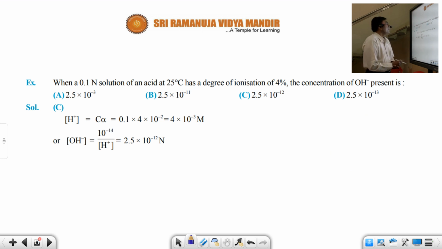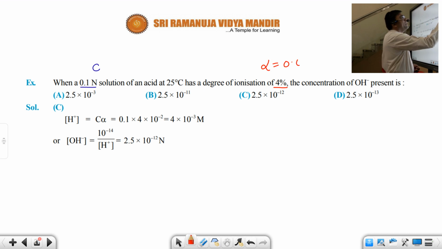When a 0.1 normal solution of an acid at 25 degrees centigrade has a degree of dissociation of 4%, alpha is given as 0.04. The concentration of OH minus ions is very simple.